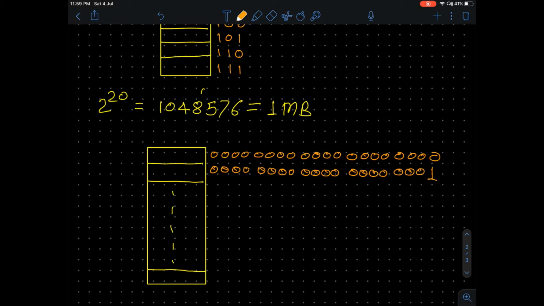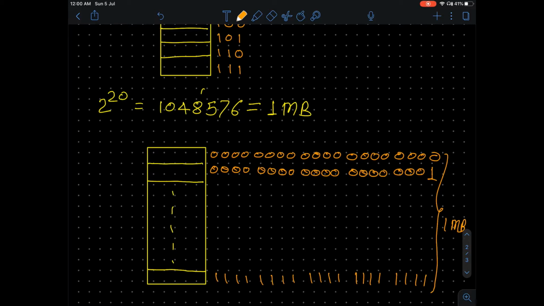This is the second address, and then this is the last address. This way it goes from all 0s to all 1s. This is a total of 1 MB memory locations, that is 1048576.